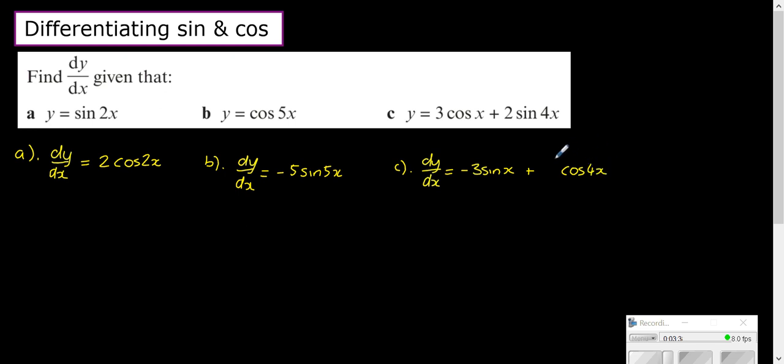The k value is 4. We take the 2 and multiply. And we can tidy that up a little bit and say it's minus 3 sine x plus 8 cos 4x. So these are pretty standard ones, right? They're easy to do on sight. And like I said, the in-depth understanding will come once we've done first principles trig functions.